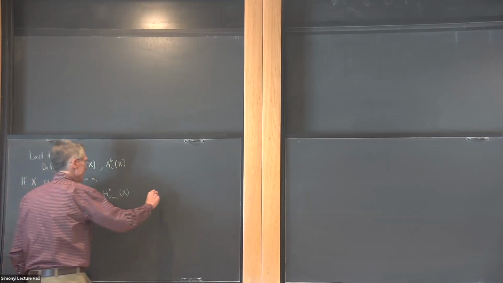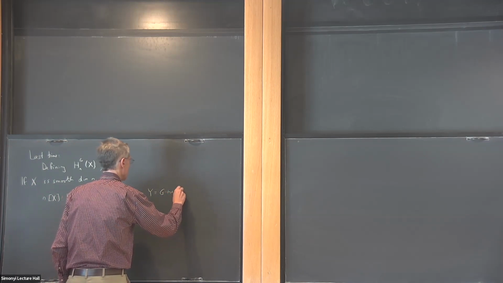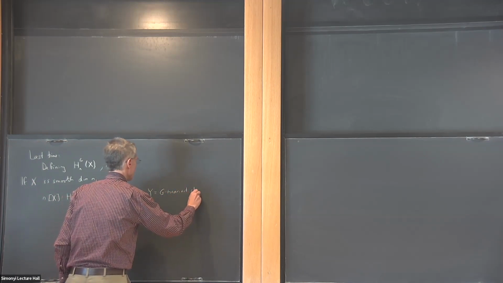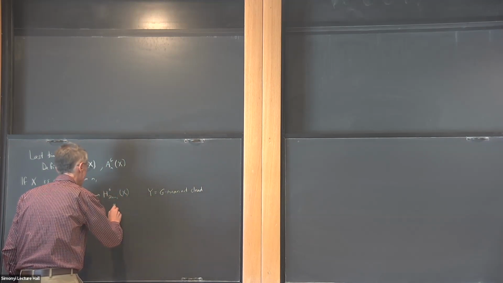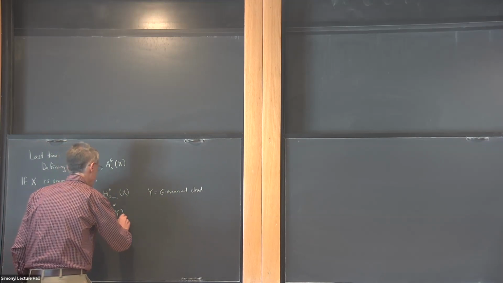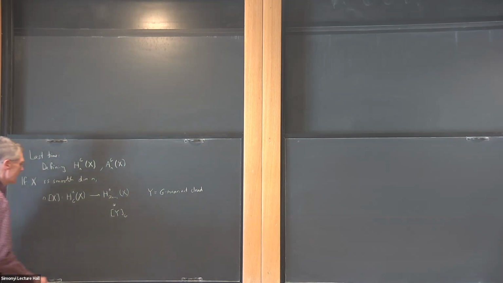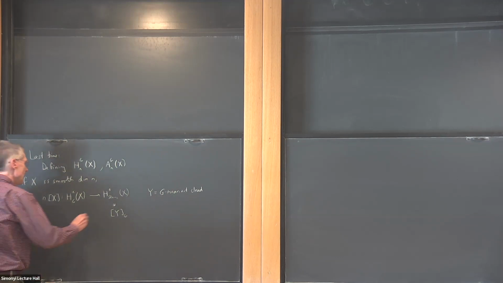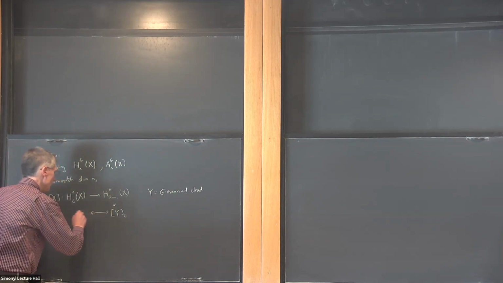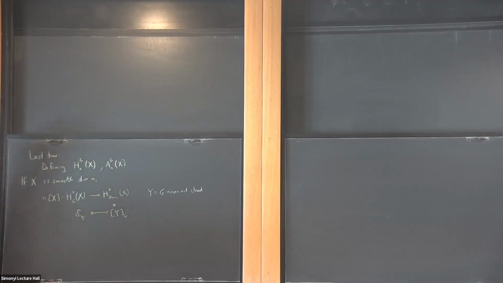Now, if Y is an invariant closed subvariety, then we have a class, say, of the appropriate dimension. We have a class [Y] in here, and I could decorate this with a G if I want to. This is the G-equivariant fundamental class, and I want to call the class here that corresponds to this delta of Y. Delta is meant to think of dual, because it's like the Poincare dual class.